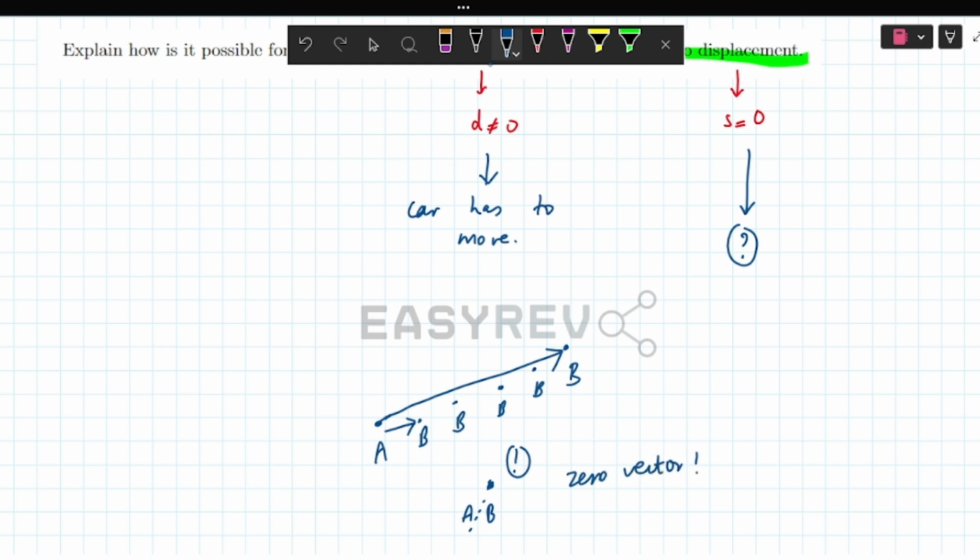Now, how would the starting and ending points be the same? That would only happen if the car were moving from one point, let's say that's the starting point, all the way and must return back to that ending point.